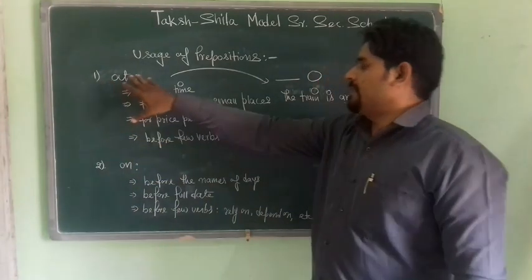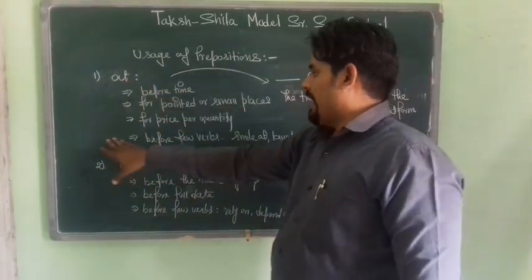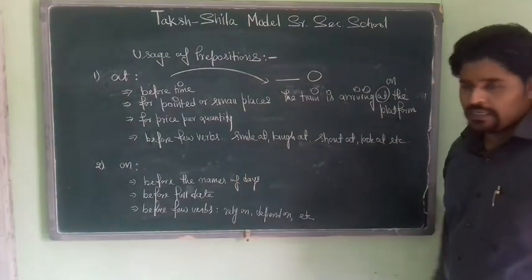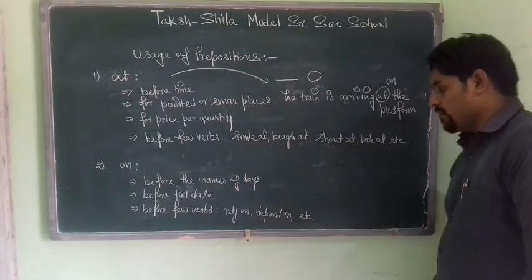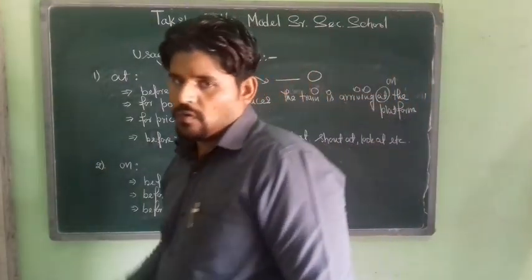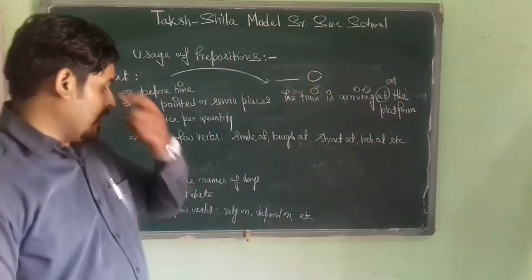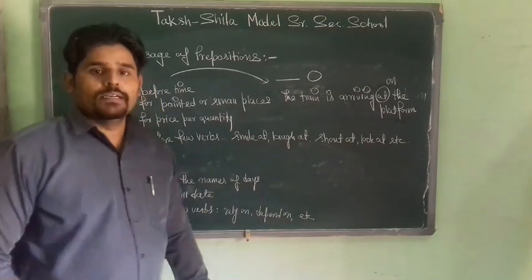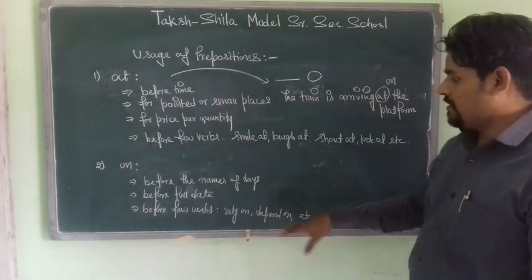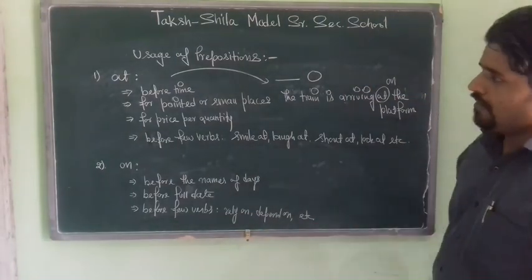We learned in the use of at that at is used before few verbs like smile at, laugh at, shout at, look at. Similarly, on is used before few particular verbs like rely on. I cannot rely upon or on your help. Right? Then there is depend on. We should not depend on others, right? So these are the examples of these uses of on, right?